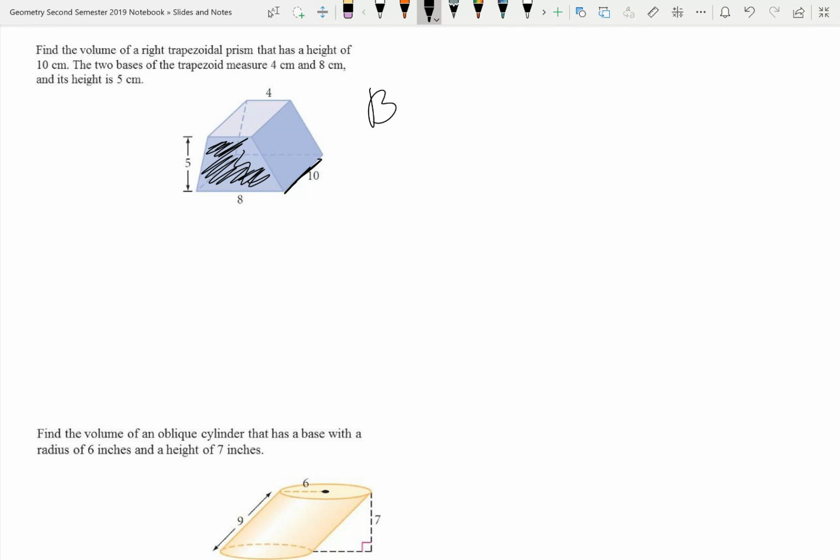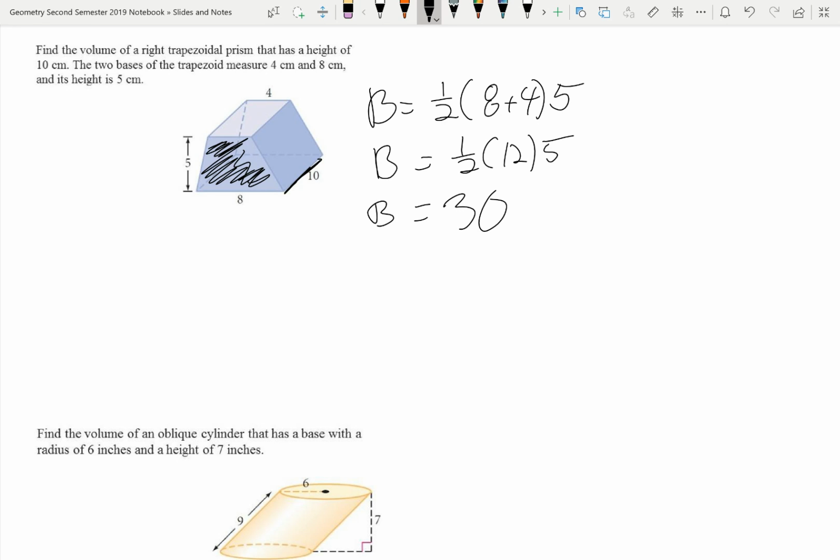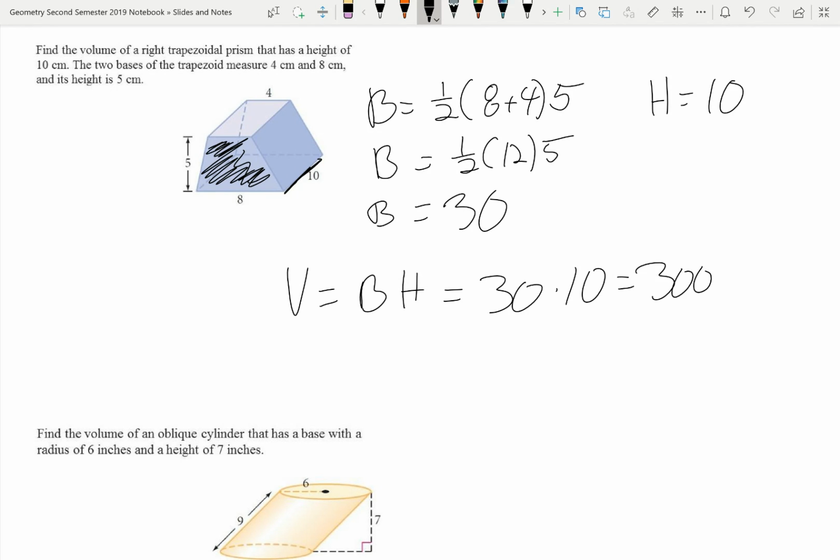So the area of the base would be 1/2 times (B1 plus B2) times the height of the trapezoid. That's 1/2 times 12 times 5, which is equal to 30. Your height then is 10. So your volume is B times H, which is 30 times 10, which is 300. Then we put the unit, cubic centimeters, and you're done.